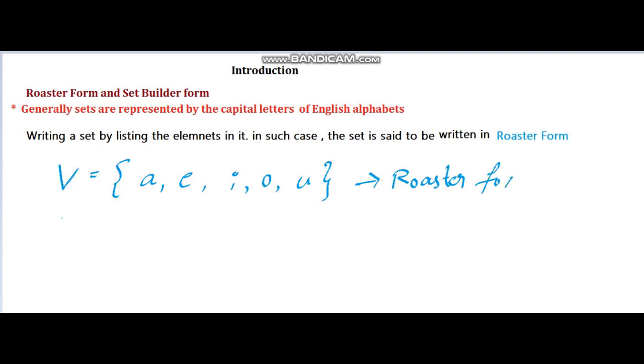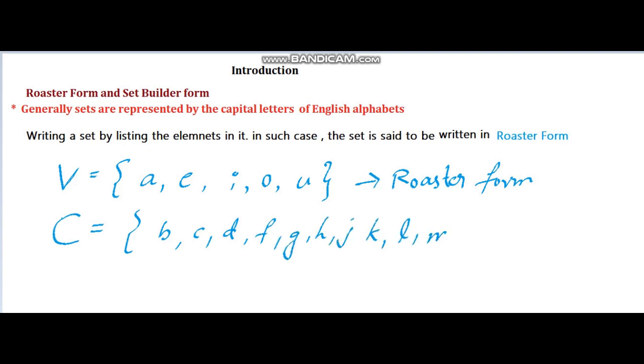If I write for consonants, I am taking capital C. The remaining letters all come under consonants: B, C, D, F, G, H, J, K, L, M, N, P. So these all come under consonants. Clear?